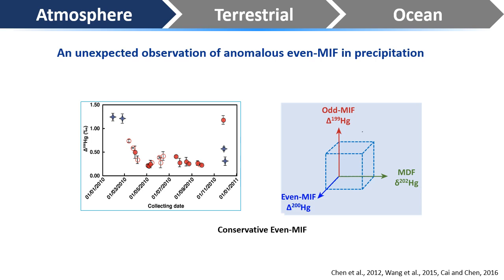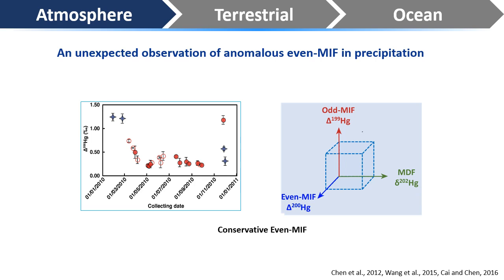So what we did was process the two standards using exactly the same protocol as for those precipitation samples, and we found no even MIF at all. So it means that even MIF probably does exist in natural samples. And you'll see in the figure that during the blank period, I left Canada. So then I had to go back to Canada to collect three more winter samples.